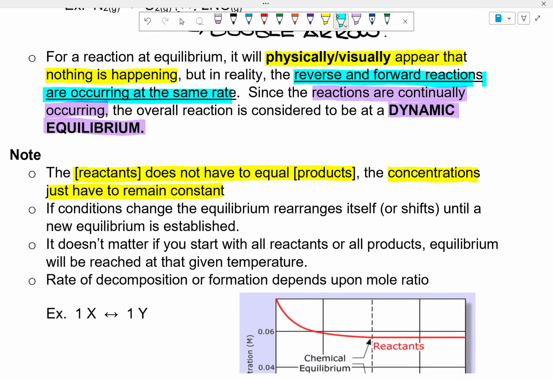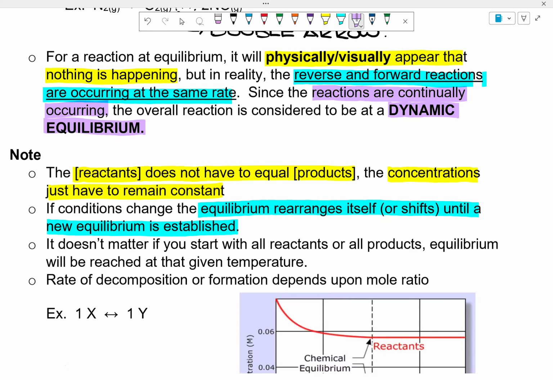Now, if the conditions change, the equilibrium rearranges itself or shifts until a new equilibrium is established. We'll touch more upon that next class, but be aware that since it's a dynamic equilibrium, the rate at which the reactants and products are formed can change.